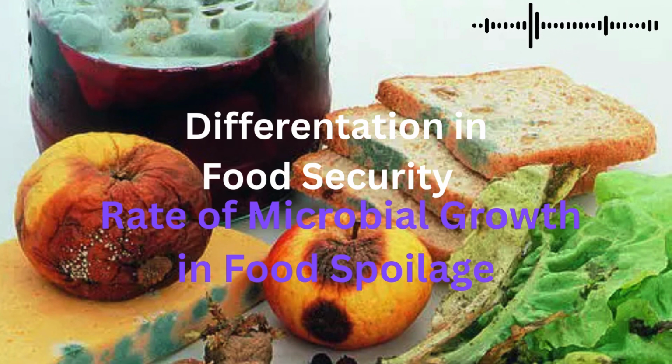It wasn't just, warmer means more spoilage. Obvious, right? But using differentiation on their growth models, they found a sharp acceleration in the spoilage rate once they hit a certain temperature for a specific food. Knowing that acceleration point is way more useful for preventing spoilage than just knowing it gets bad when it's warm. So it's the speed it gets bad at, not just that it does get bad.